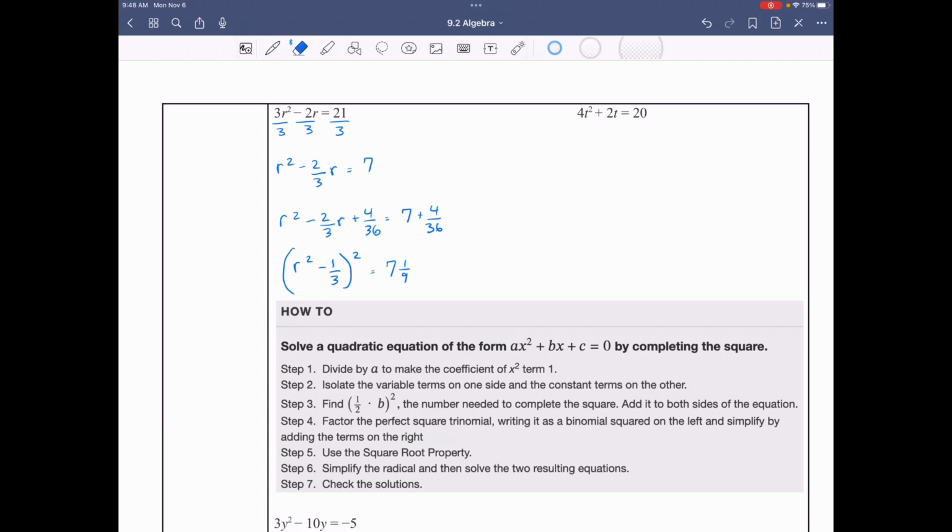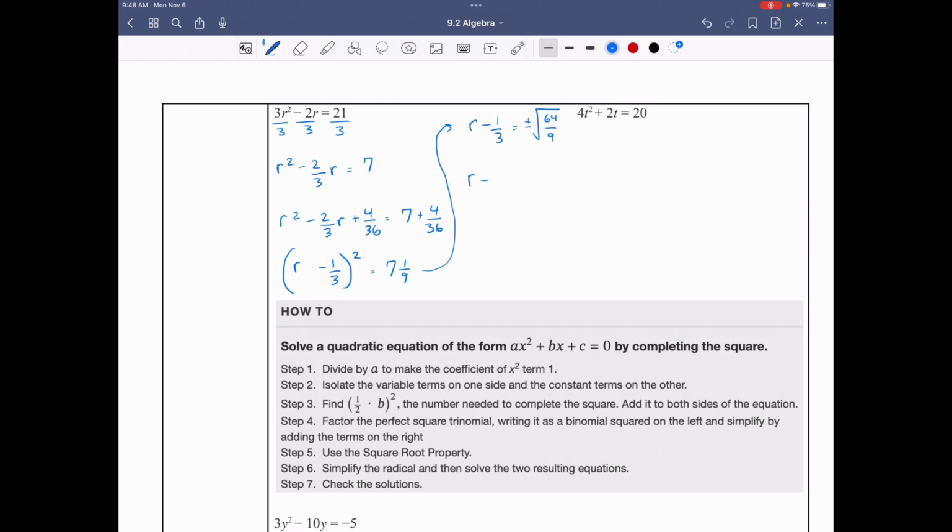I messed up right here. There shouldn't be a square right here. When we take the square root of both sides, we get r minus 1/3 is equal to plus or minus the square root. I'm going to write this as an improper, so 64/9, which is actually really nice because that is a perfect square.